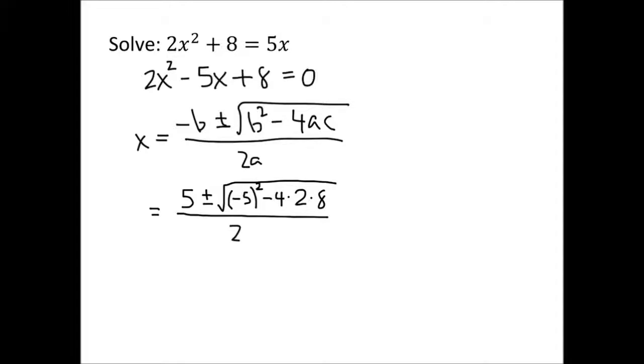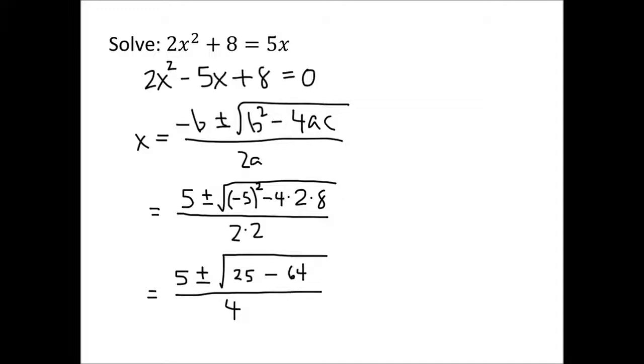So it will be positive 5, positive or negative the square root of negative 5 squared, which is 25, minus 4 times 2 times 8, which is 64, over 4.